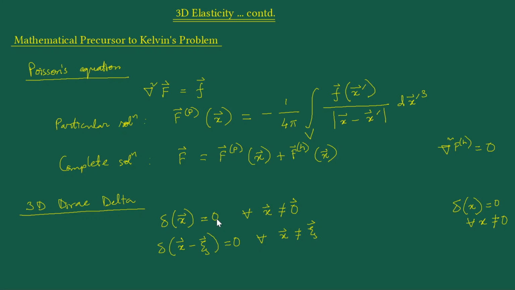So what I will do is I'll discuss an example of a Poisson's equation involving this kind of a 3D Dirac delta. Let me do this in the next page. So suppose you consider this kind of a Poisson's equation.